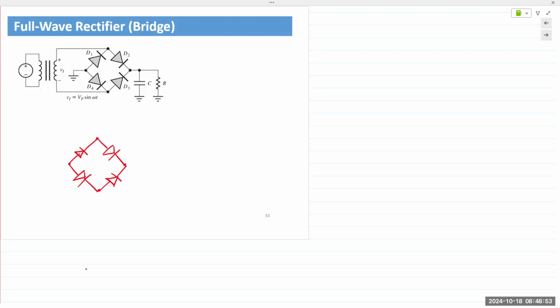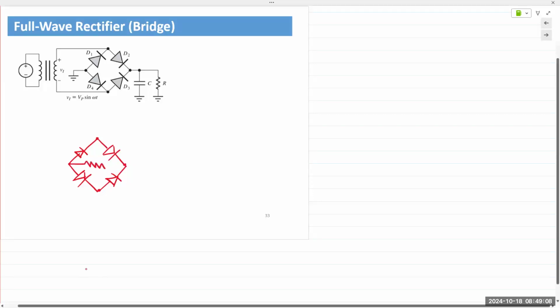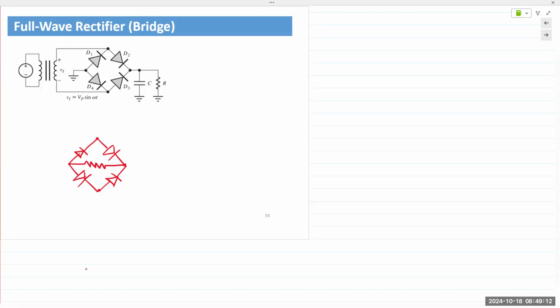Where there are 2 dissimilar terminals is where you would apply your input. And where there are the 2 similar terminals is where you would take your output. And so you would connect your resistor or your load right here, where the 2 anodes meet and the 2 cathodes meet. That's where you're taking the output. And where the anode and cathode are meeting is where you're connecting your input.